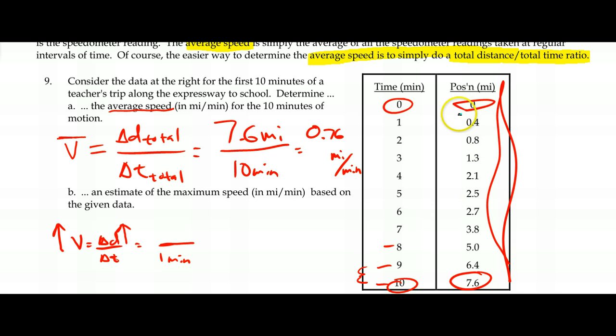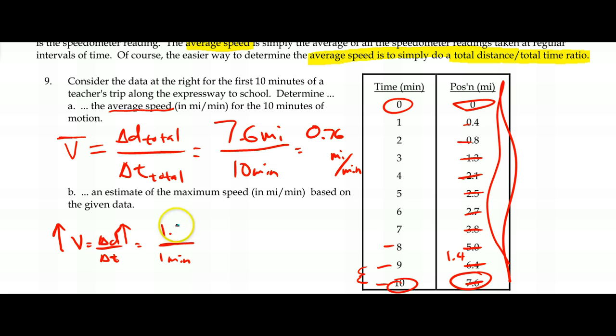So let's see, 0, that's 0.4 in that interval, 0.4, 0.8 minus 0.4 is another 0.4, 0.5, 0.8, back to 0.4, 0.2, 1.1, 1.2, 1.4, and 1.2 again. So 1.4 is the biggest gap that we have, between the 8th and the 9th minute.